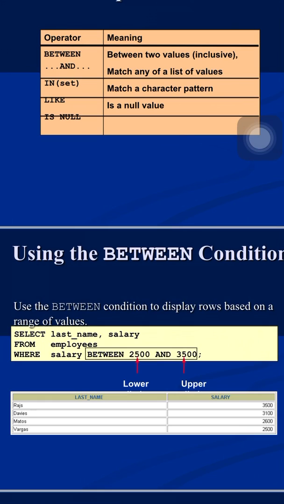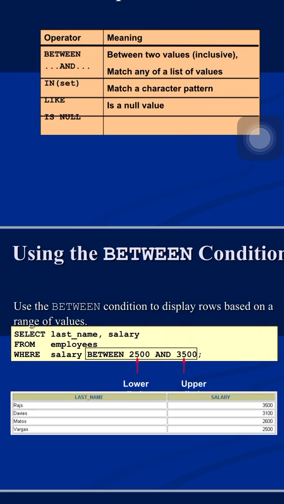Now what will happen if I write this query in this manner? Select last name, salary from employees where salary between 3500 and 2500. Can you make any guesses? Okay, let me give you the answer.